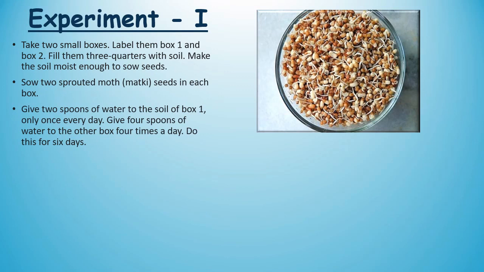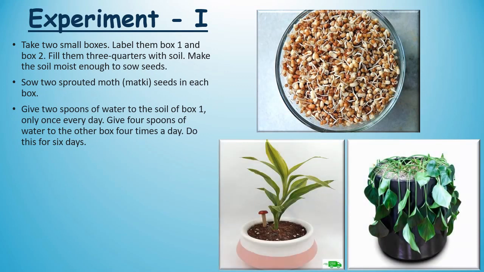Sow 2 sprouted moong seeds in each box. Give 2 spoons of water to the soil of box 1 only once every day. Give 4 spoons of water to the other box 4 times a day. Do this for 6 days.